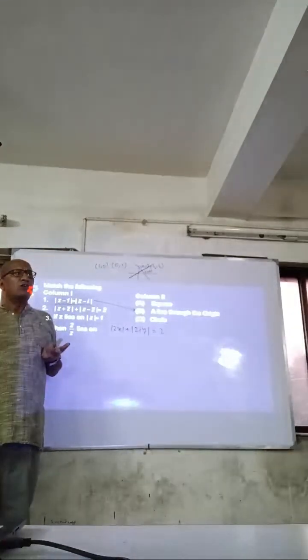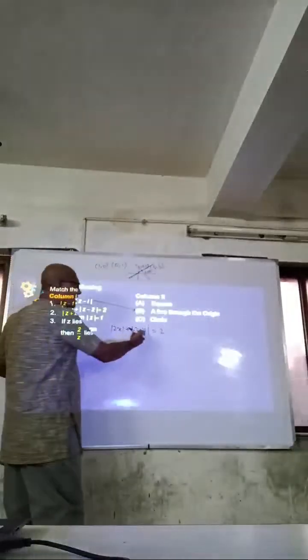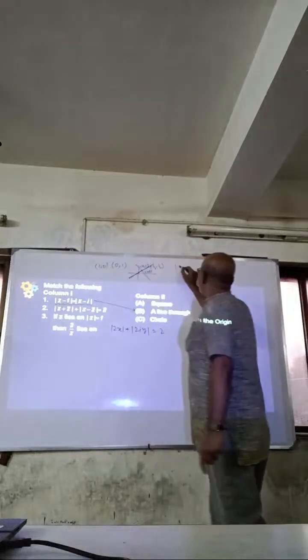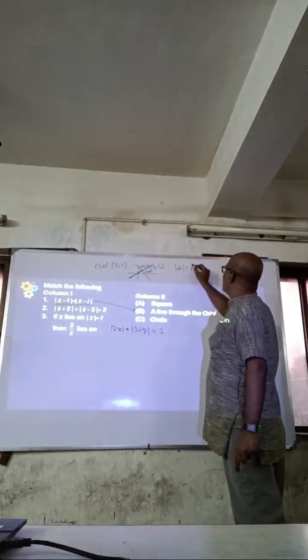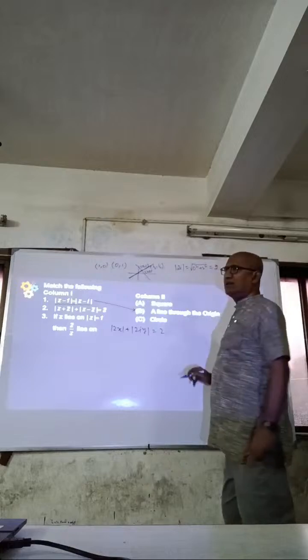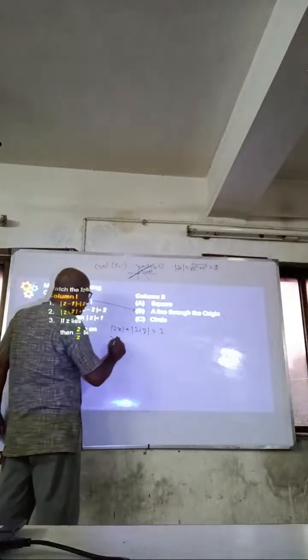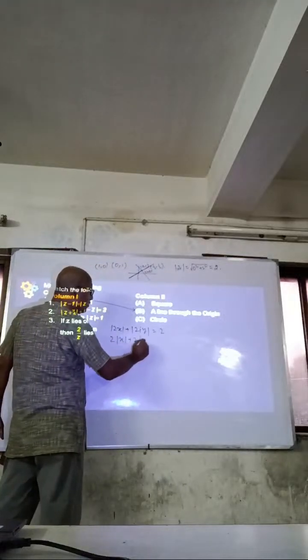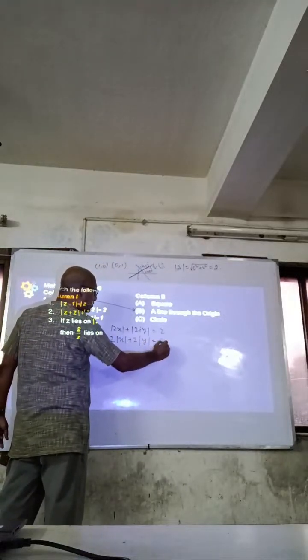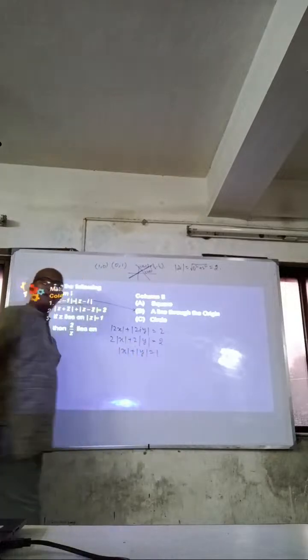Root over y square, that is only y. Modulus of 2 iota is root over 0 square plus 2 square, so that gives us only 2. So in this case, 2 mod x plus 2 mod y is 2. So mod x plus mod y comes to 1.